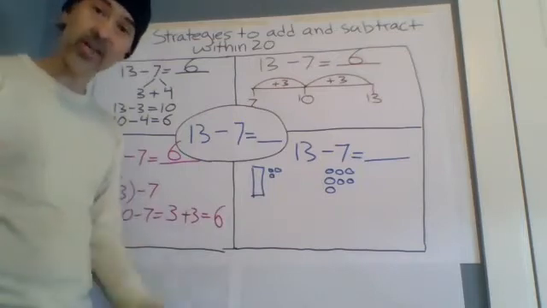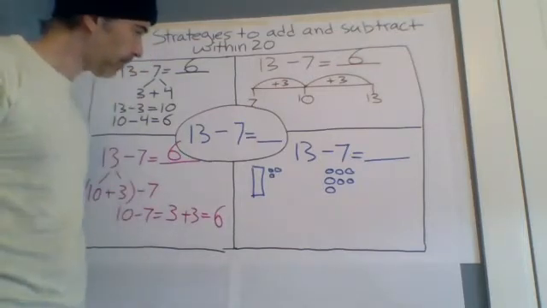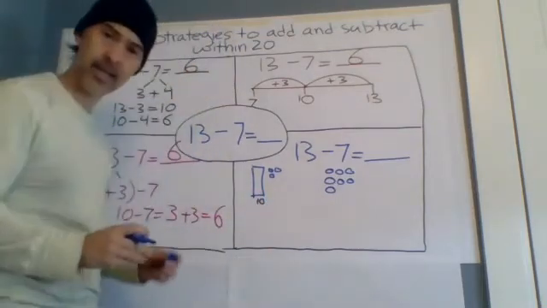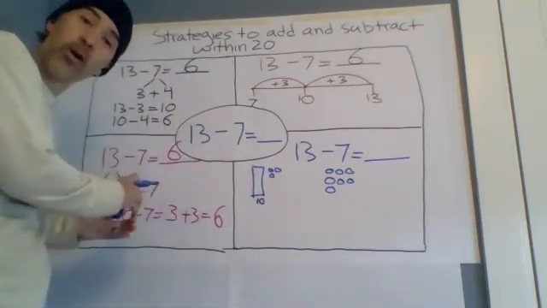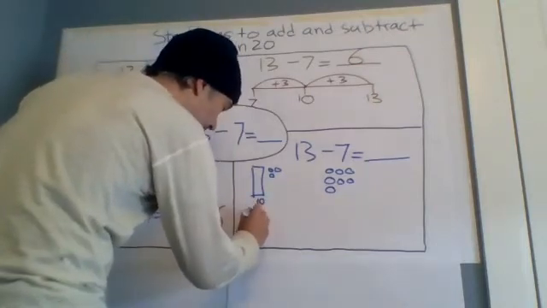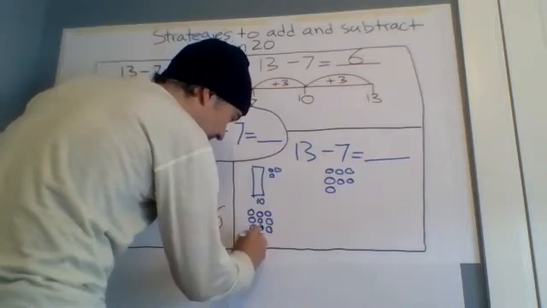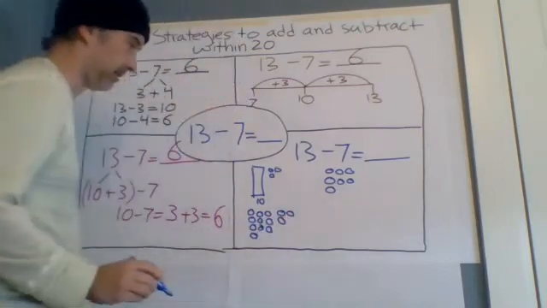So, what could I do to get more ones? Well, I could take this 10 and I could fair trade it. I could trade it in for 10 ones. Let's do that. So 1, 2, 3, 4, 5, 6, 7, 8, 9, 10 ones, and my other 3 ones.